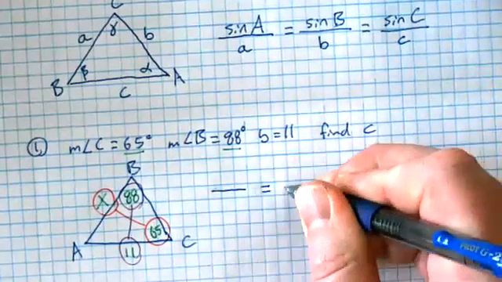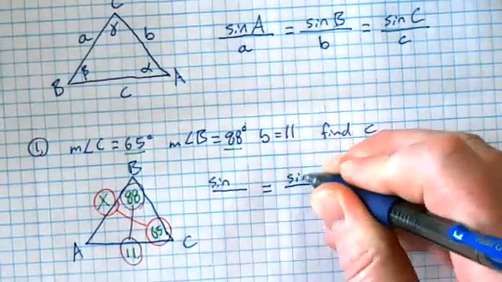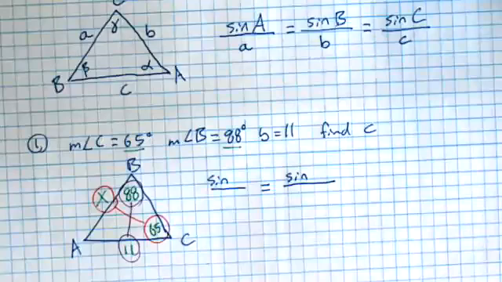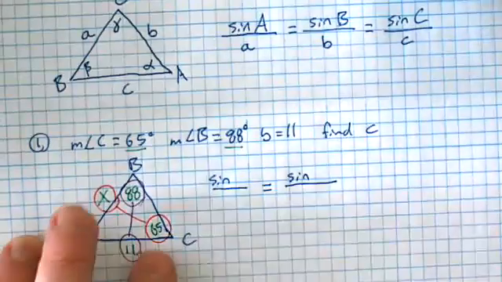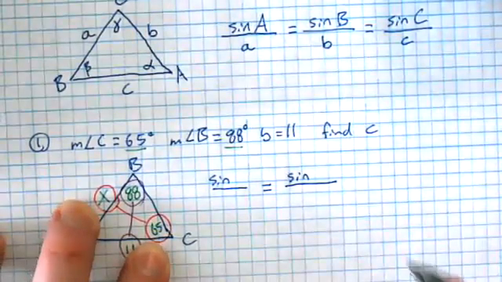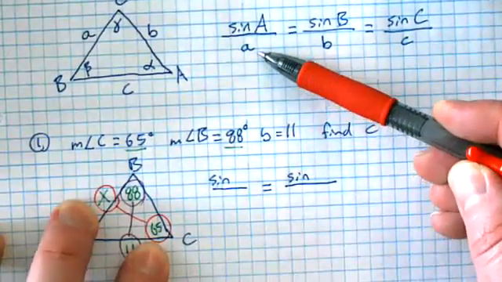So go ahead and set your equation up. They're both going to have sines on the top. And then get the angles and the sides in there. So the X and the 65 went together. Now make sure you get the right thing in the right place. It's angles in the top, sides in the bottom, right? It's easy to get those flipped sometimes.